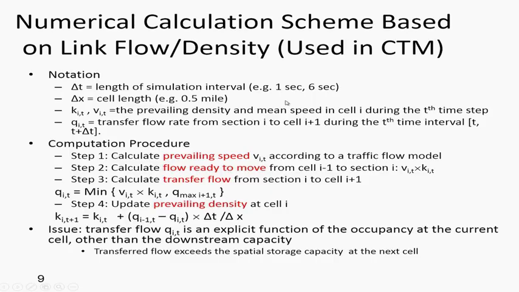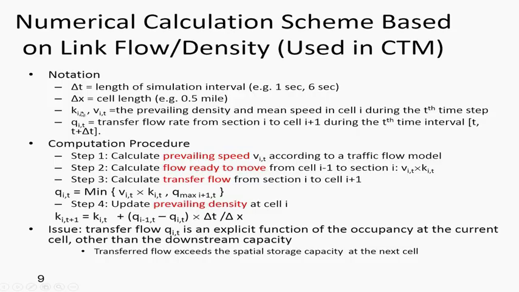In a numerical calculation scheme typically used in a discretized network, we have delta t, the length of the simulation interval, as 1 second or 6 seconds. We have a link or cell being used to represent the spatial characteristics of the network. If you want to do a cell transmission model, you might need to model the cell with a length of 0.1 miles or 0.5 miles.